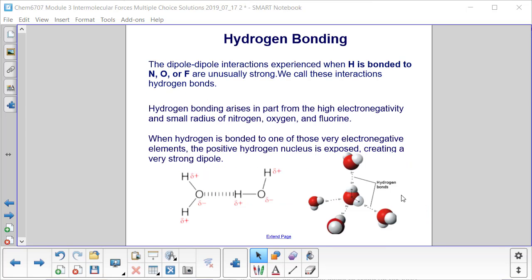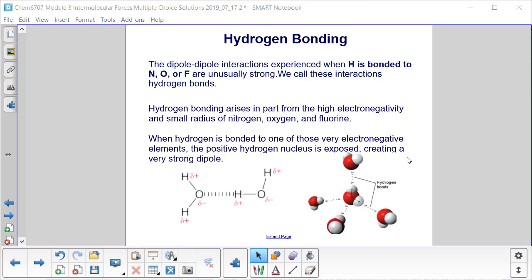All right, let's talk now about hydrogen bonding. Hydrogen bonding is a form of dipole-dipole interaction, but specifically it's the dipole-dipole interaction experienced when a hydrogen atom is bonded to either nitrogen, oxygen, or fluorine. These types of interactions are unusually strong, and we call them hydrogen bonds. Hydrogen bonding arises in part from the high electronegativity and small radius of a nitrogen, oxygen, or fluorine atom.